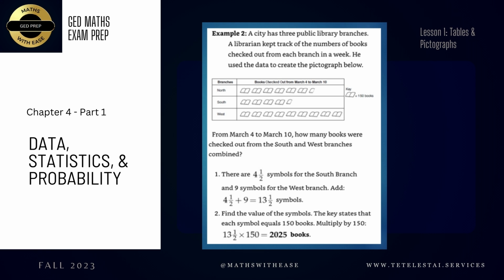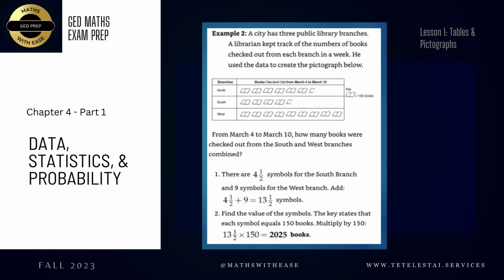And then to find the value of the symbols, you simply multiply, since the key tells you that one symbol equals 150 books. Since one symbol equals 150 books, then 13.5 symbols times 150 equals 2,025 books, right? Which is the answer to our question.